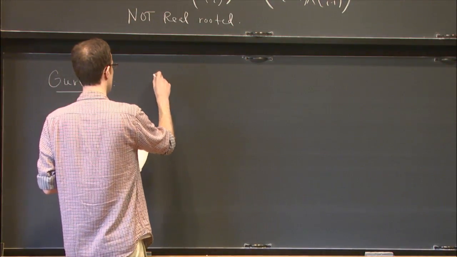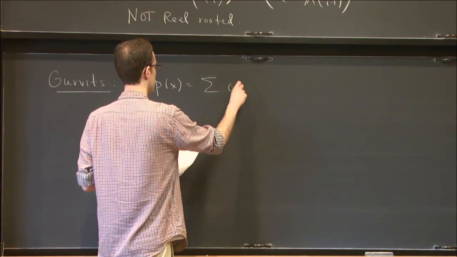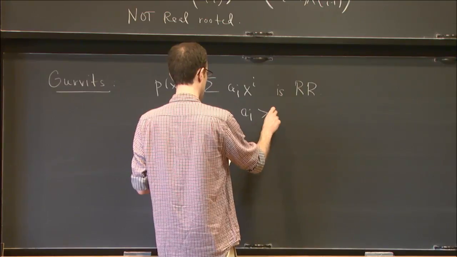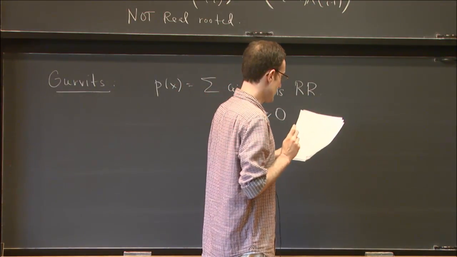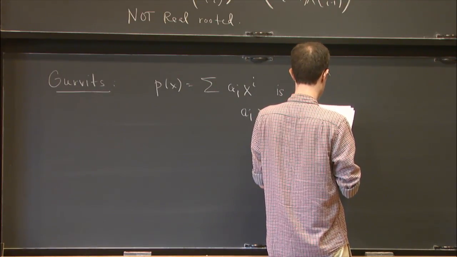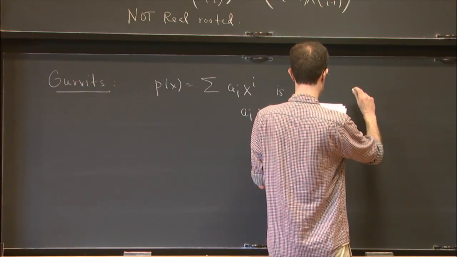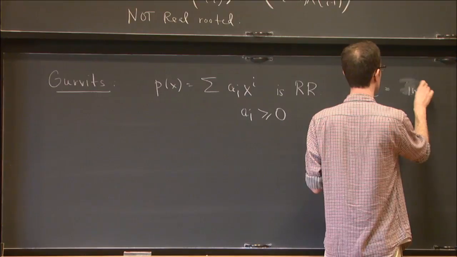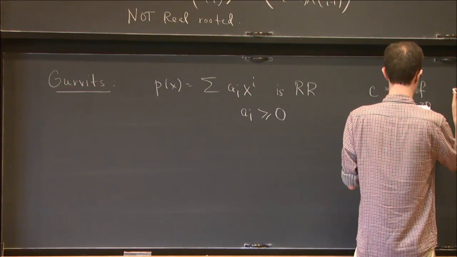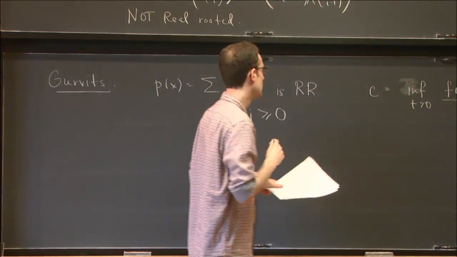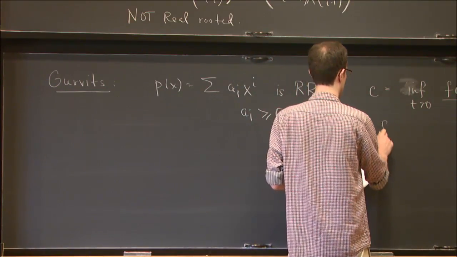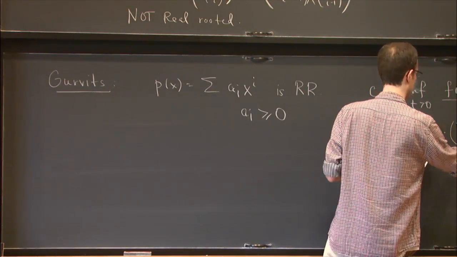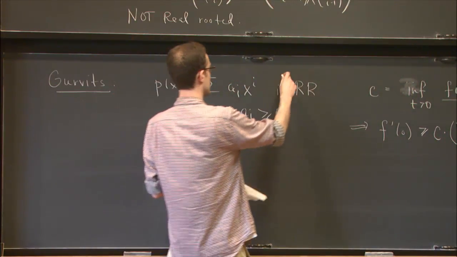And it says that if P of x is the sum of a_i x to the i, is real-rooted with all of the a_i greater than or equal to 0, and C is the infimum over t greater than 0 of f of t over t, then this implies f prime of 0 is greater than or equal to C times (n minus 1 over n) to the n minus 1. This should be degree n.